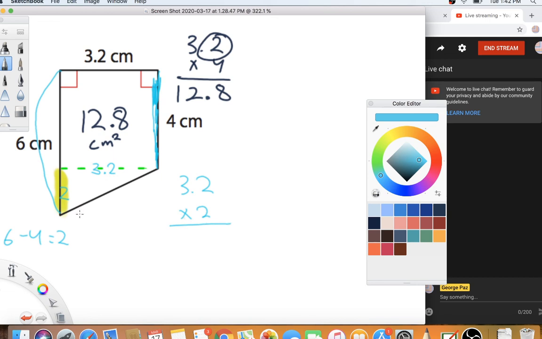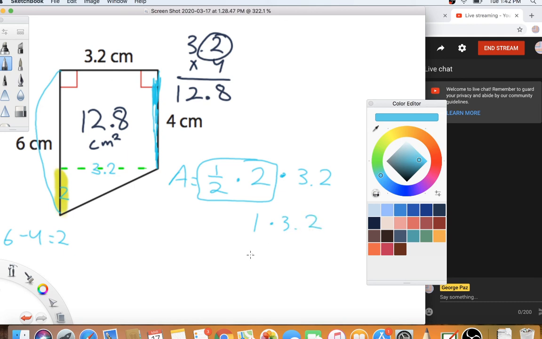Let me actually write that out. So our area for this triangle would be 1/2 times the base, I'm just putting whichever number, and then 3.2. I know that half of 2 is just 1. So when I multiply 1 times 3.2, my area is just 3.2 centimeters squared. Now, this means that I need to add up this area plus this area.